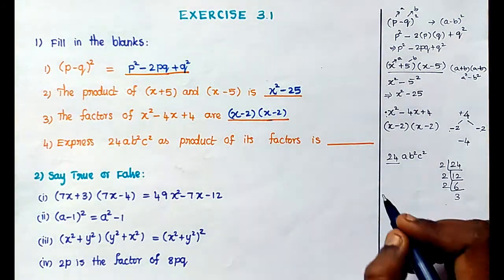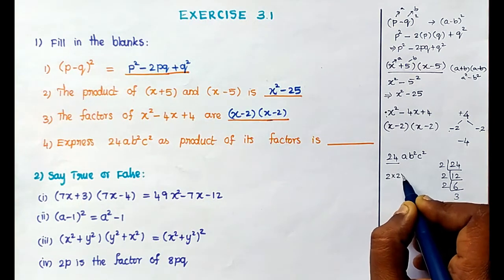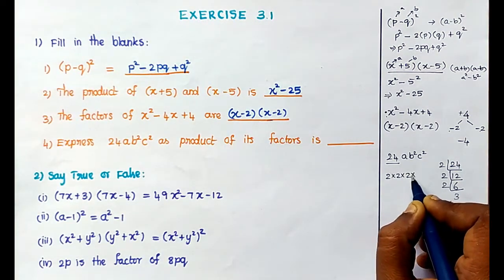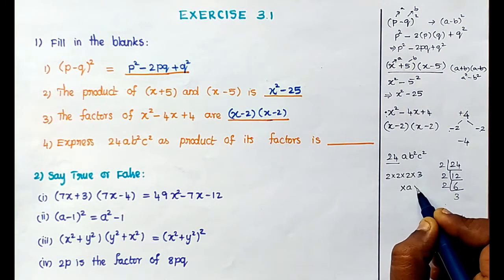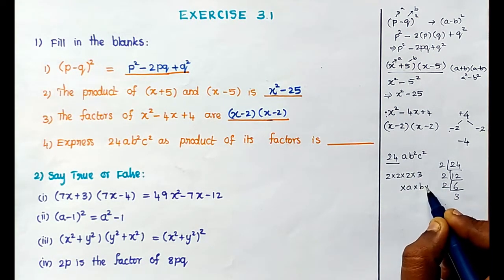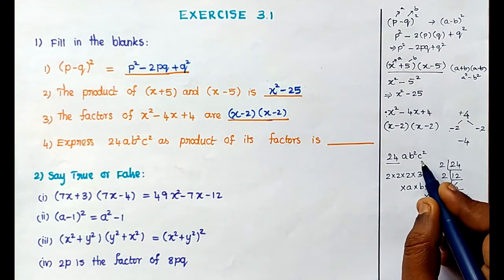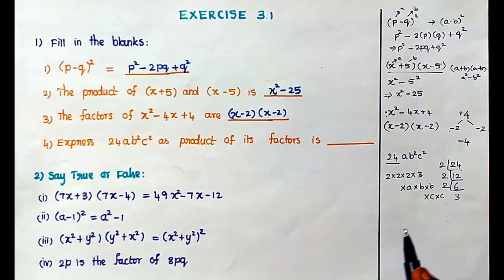So what are the factors? 2 into 2 into 2 into 3 into the variables a into b squared, meaning b into b, and c squared, meaning c into c.